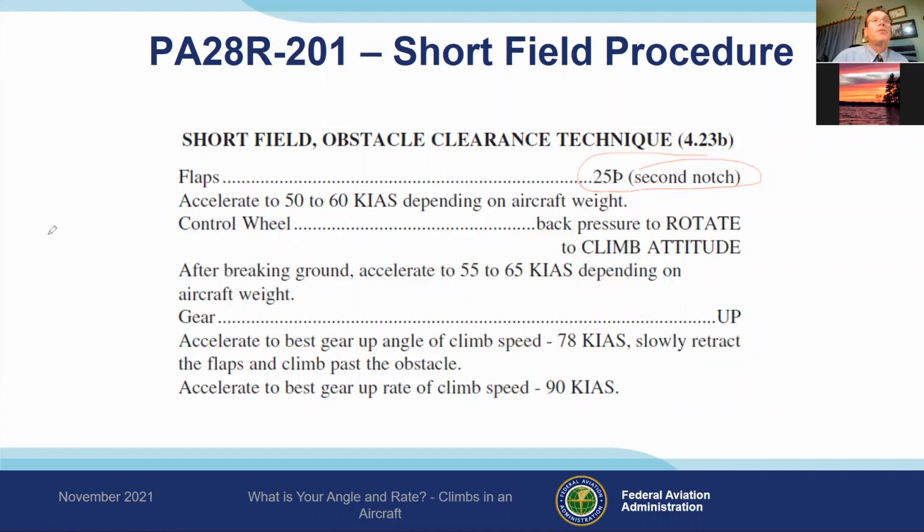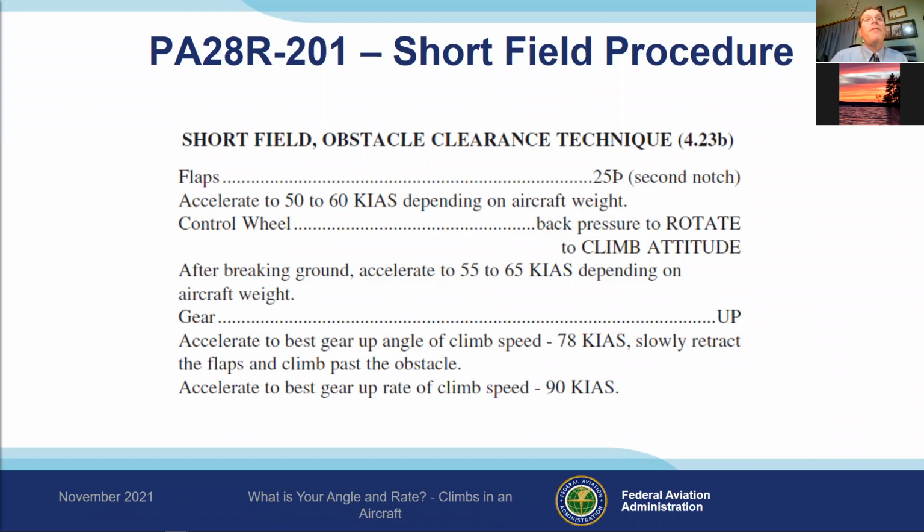What is the second notch? And if you look, the speeds that it tells you in the guidance, and we'll look at the diagram here, are much, much slower on the initial part of the climb to clear an obstacle than they are in the normal VY, VX that we end up looking at.